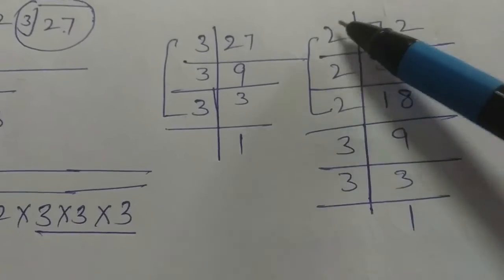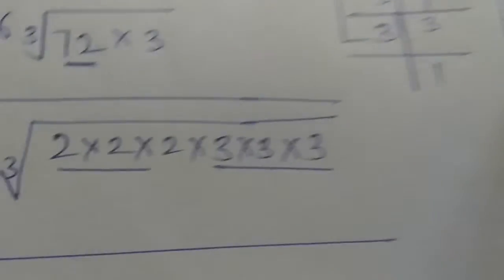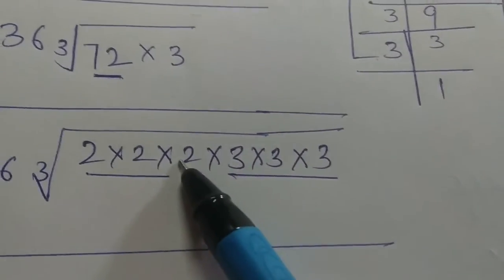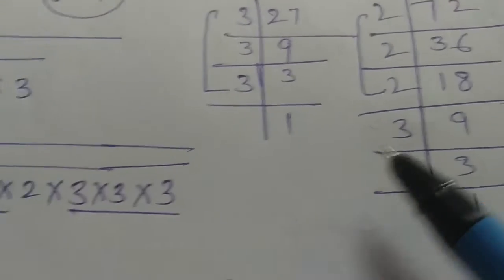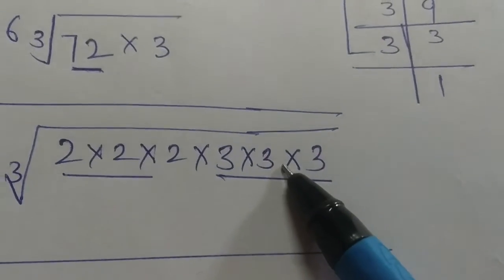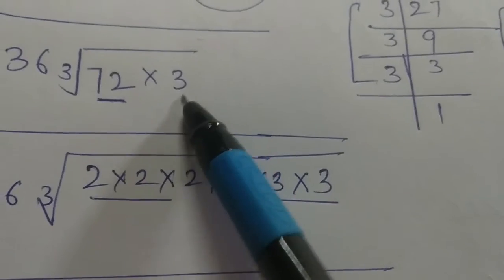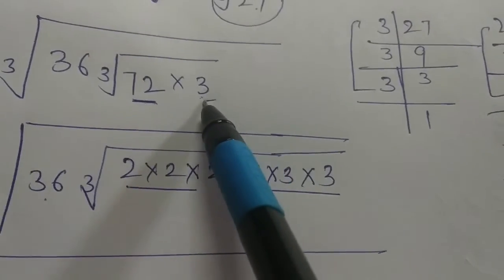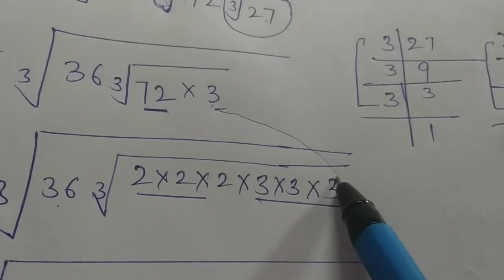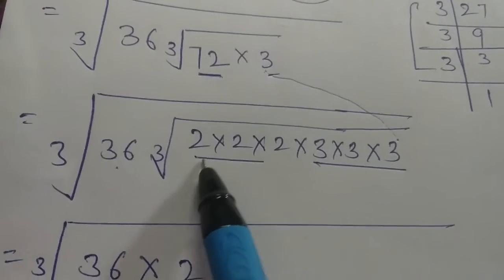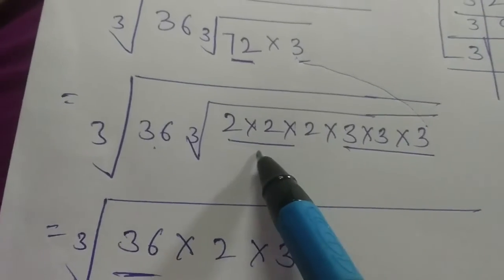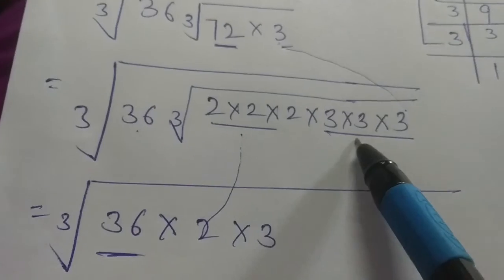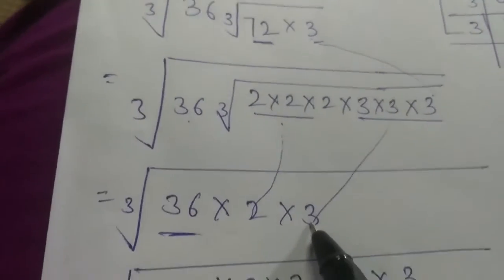See here, 1 2 3, 2's. I have written here 1 2 3. Then I have only these 2 3's here. I have written this 3, this 3. Now these are the triplets. Take 1 two I have taken here, then I have taken 3 here.